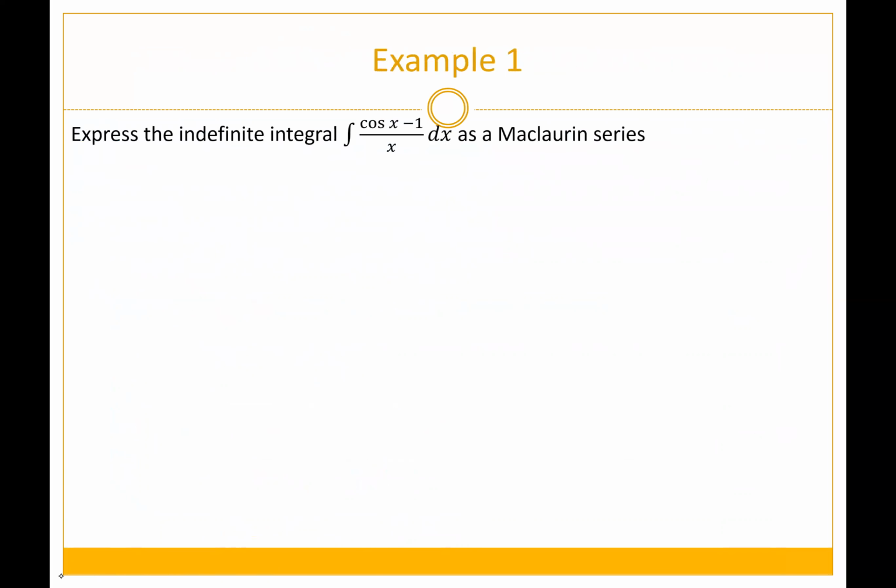So let's do example 1. Express the indefinite integral as a Maclaurin series. So this one is going to be the integral of cosine of x minus 1 over x dx.